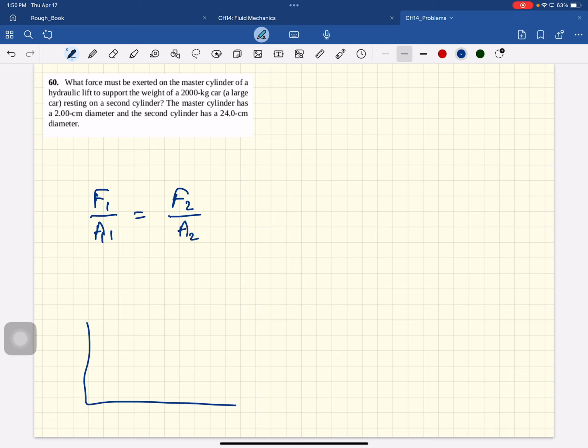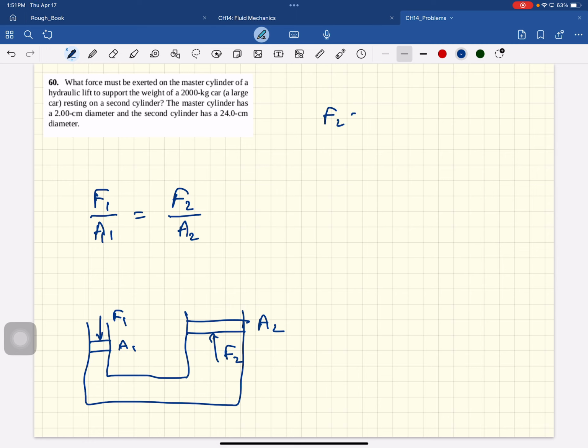Okay, so this is A2, F2. So F2 equals A2 over A1 times F1. And in terms of diameters, D2 squared over 4 pi, over D1 squared over 4 pi.